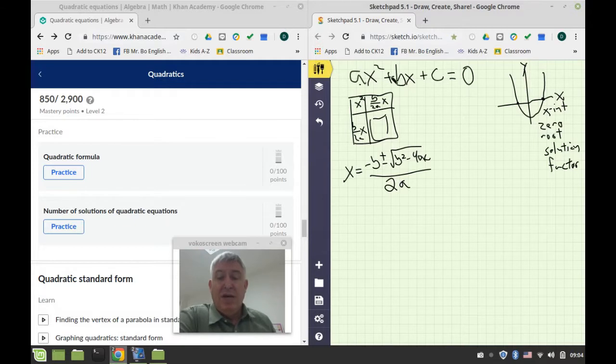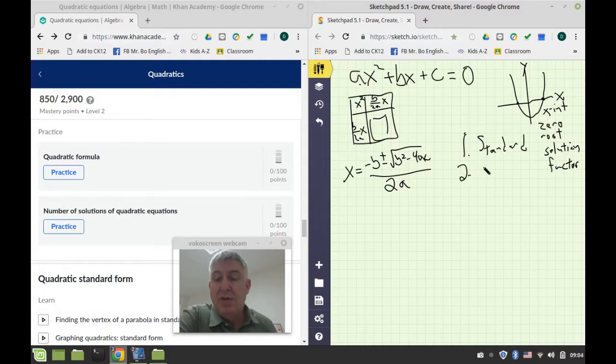So if we have a quadratic equation, we need to do three things. First, we need to put it in standard form, like this, equals 0.